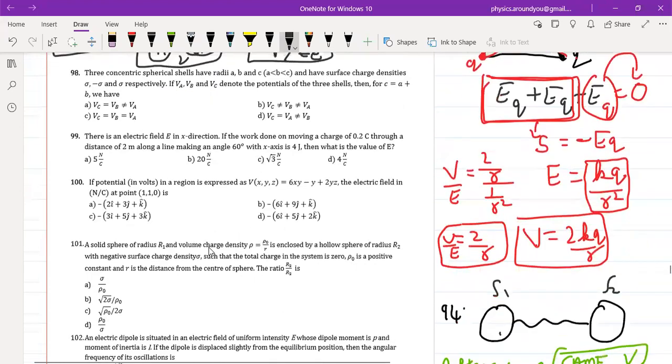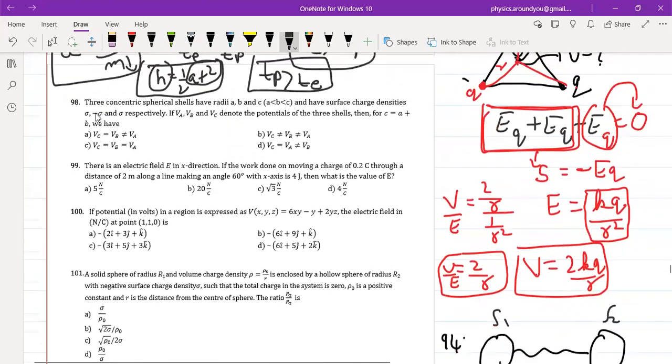Well, now let us go to the 98th question, a tricky one. Concentric spherical shells having sigma as their surface charge density. Radii are A, B, C. A is inside, B is outside A, and outside B lies C. They have given a condition relating all three radii: C equals A plus B. Then, based on this, they want you to relate VA, VB, and VC.